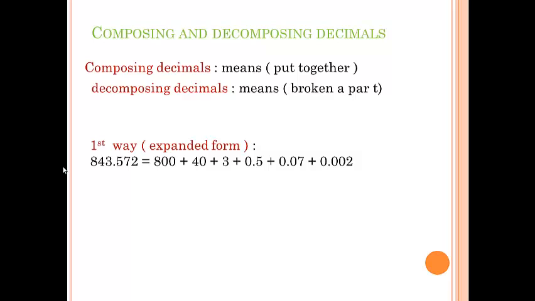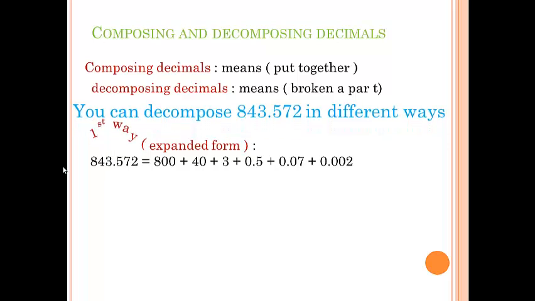Another way, with the same number, you can break it into halves. Part whole, 843, and part decimal, 0.572.